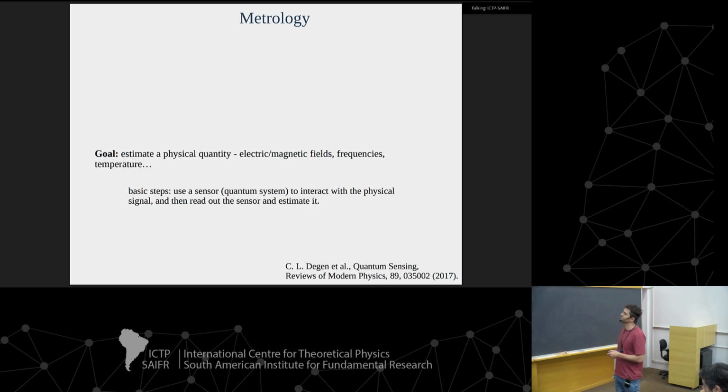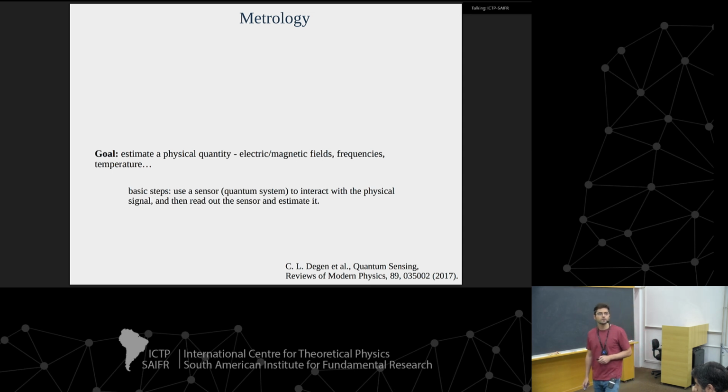So there is this very nice review, actually, on quantum sensors. It goes through many different aspects of these technologies. But essentially, when we say that we want to do metrology, it's because we want to estimate some external physical parameter.